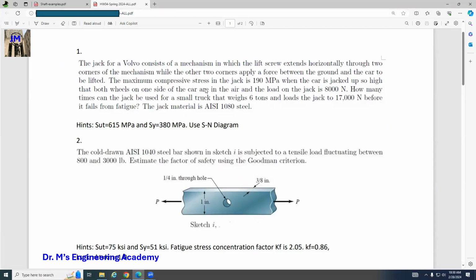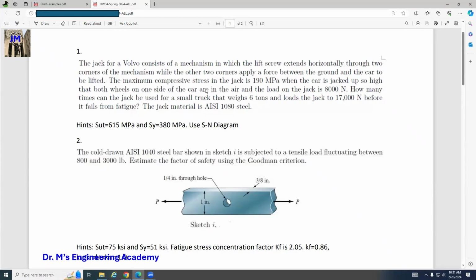And for this one, be very careful. The sigma maximum equals 3,000 pounds of force divided by the area. And what is the area? Now the area at the hole.